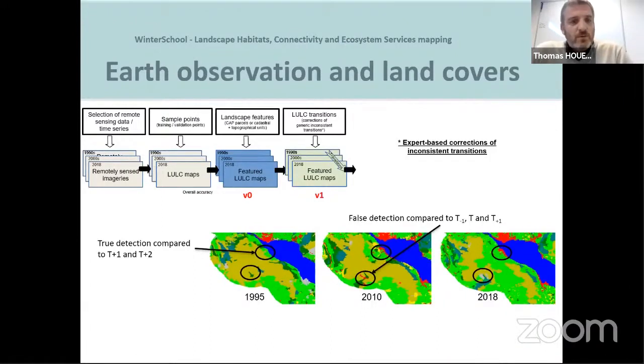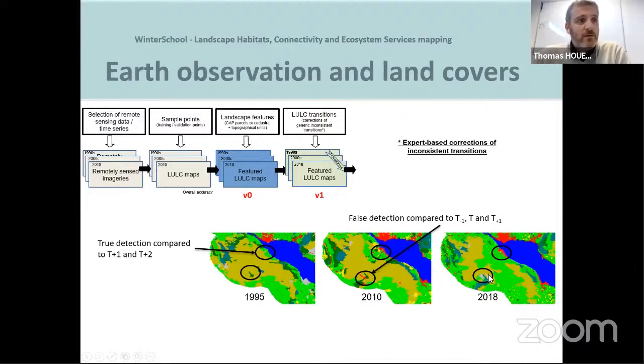Then, if we apply this approach to different time series of land cover maps, we can also detect false change and true change. For instance, you can see here in 1995, you can detect some fallow lands and forests, and there is a confusion because of shadows that urban area could be there.